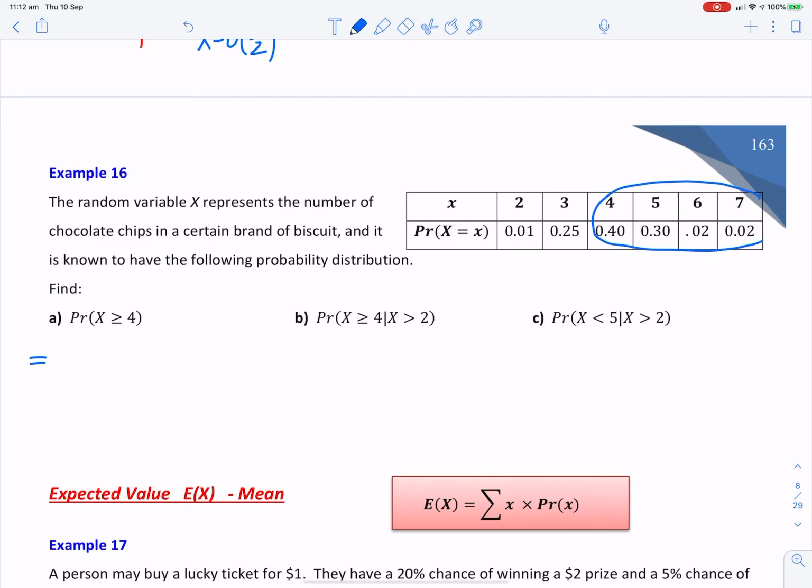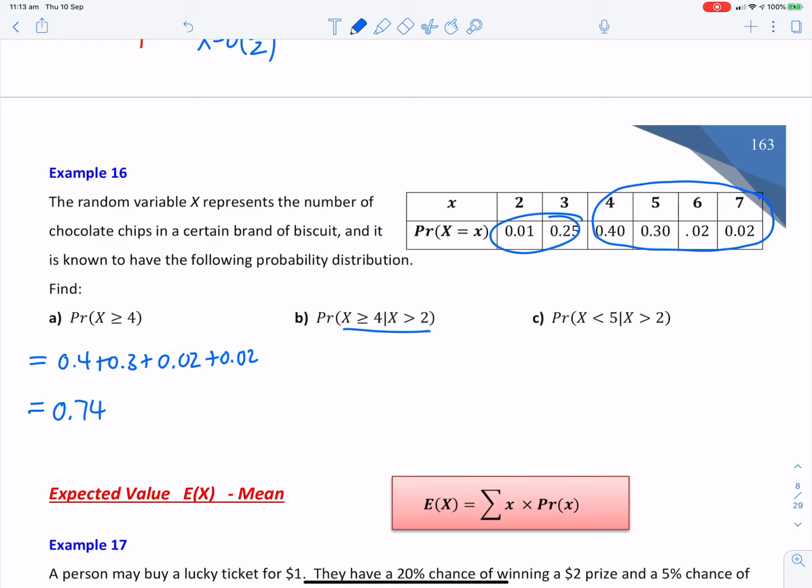So we know it's 0.4 plus 0.3 plus 0.02 plus 0.02, which is 0.74. So there's a 74% chance. Or we could have done 1 minus those two.